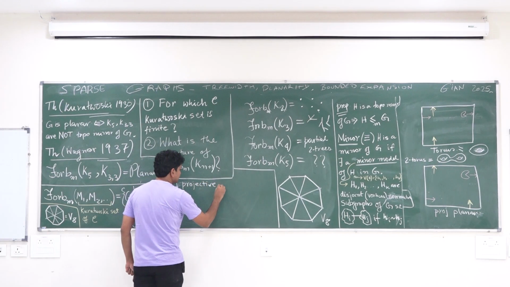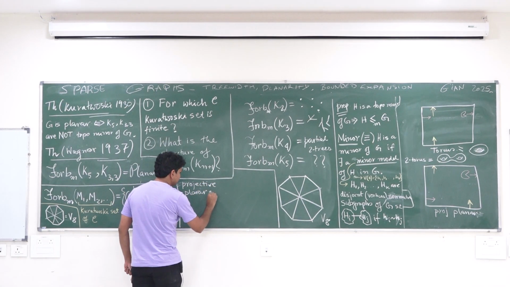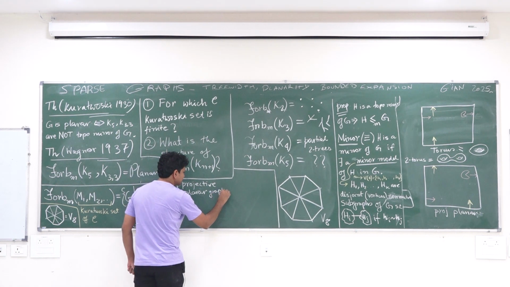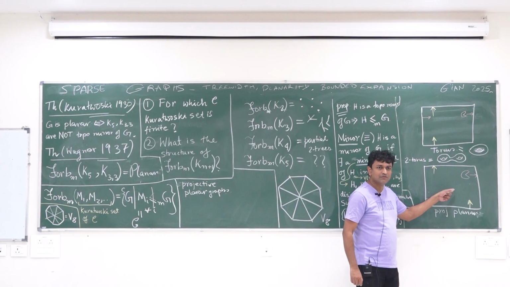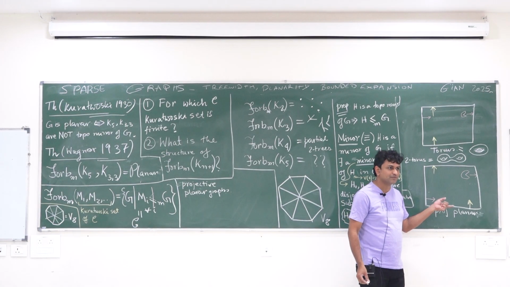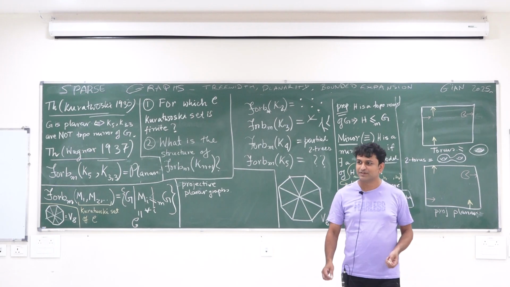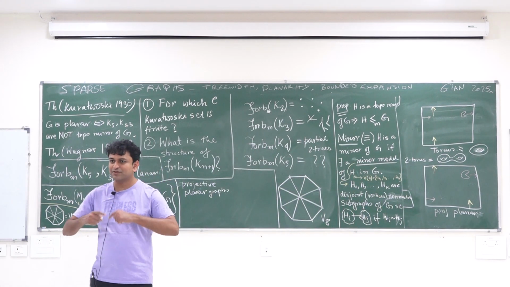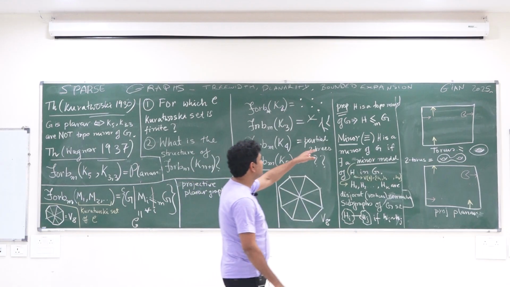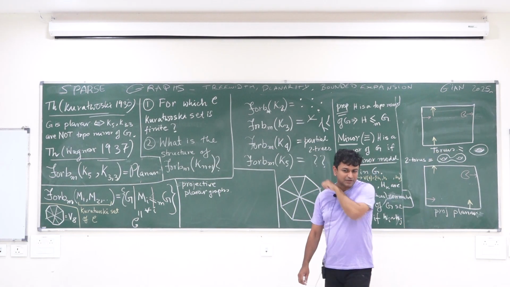So let's say projective planar graphs. So what are these graphs? You can draw them on this without crossing. Okay? So you'll see you can actually draw K5 without crossing, because of this. Here you can do a bit more than K5.